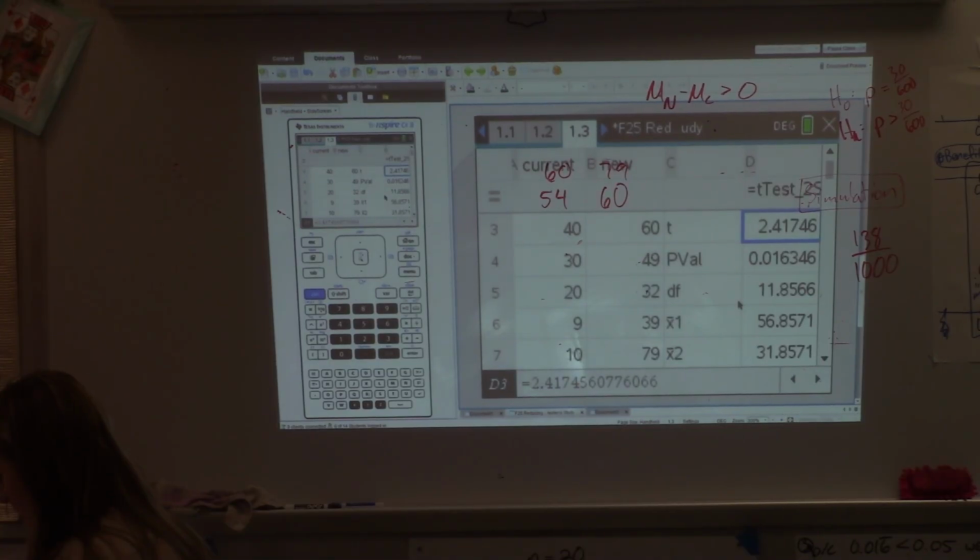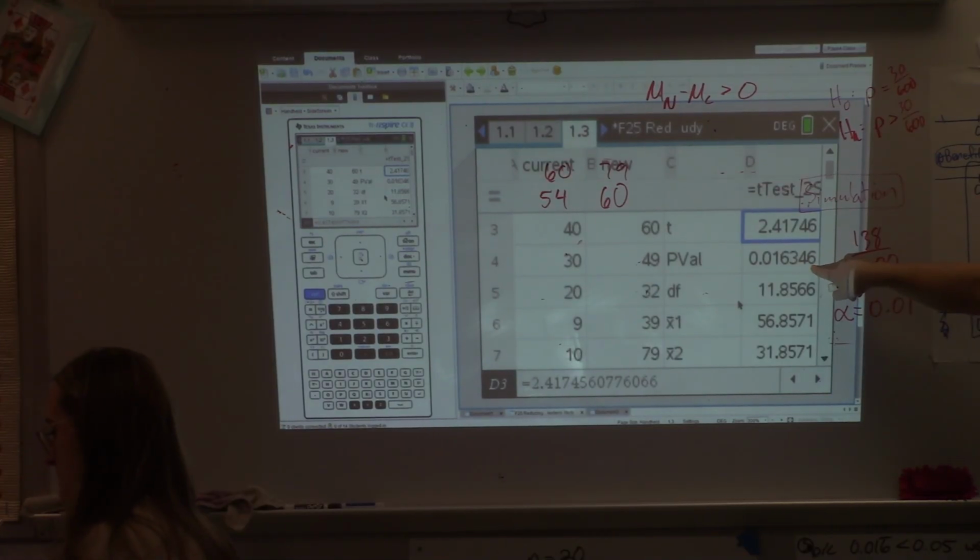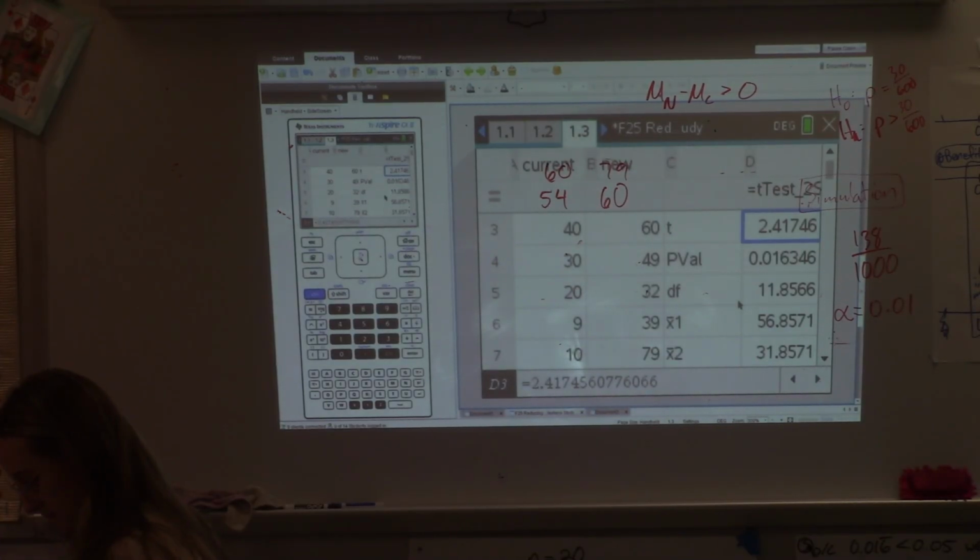So remember, we do have a pretty low p-value this way, but what did we set our alpha to? Right, remember we thought a type 1 error would be a really bad thing, so we set a low alpha. So with this low of an alpha, would we reject or fail to reject the null? We would fail to reject.